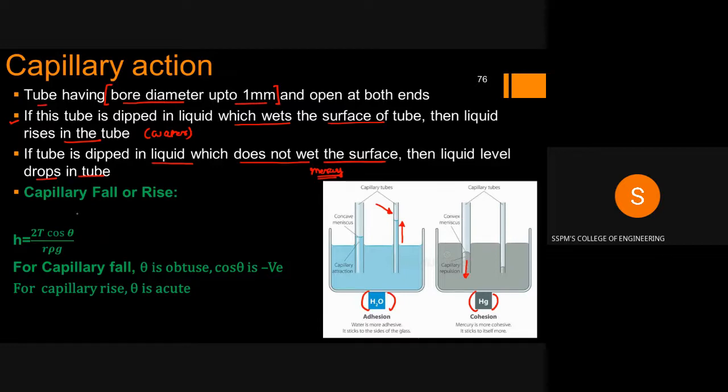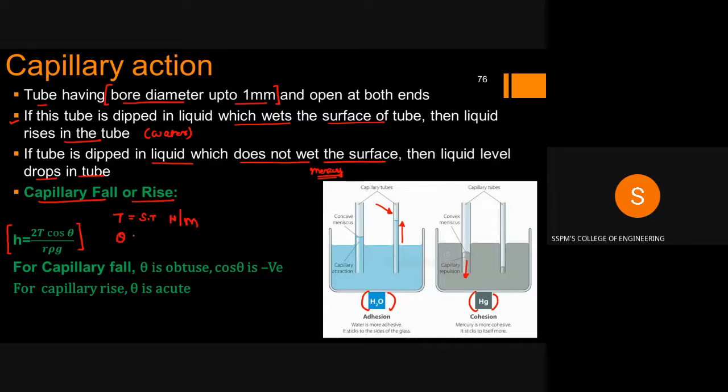Now the capillary fall or the capillary rise in the capillary tube is given by this equation, which is H is equal to 2T cos theta upon R rho G. Where T is the surface tension, in Newton per meter.